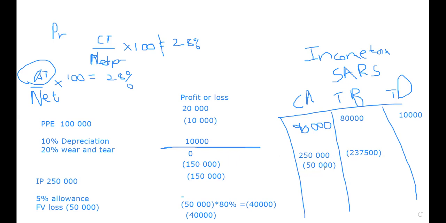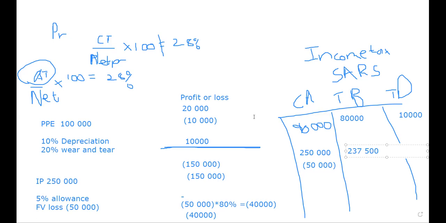Now, do you see that this tax base is depreciation in nature? Sorry, let me just put back the 250,000, and here it's not a minus, it's 237,500.